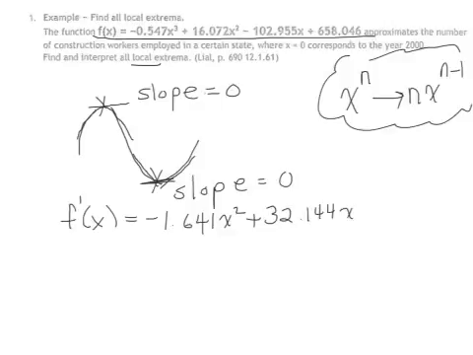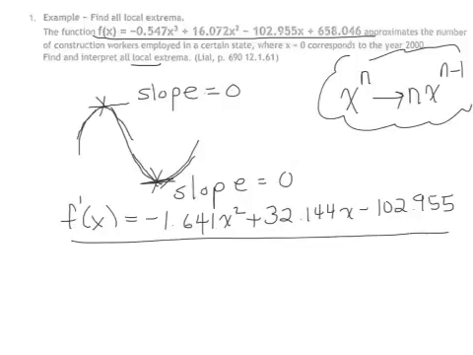And the third term, negative 102.955x, the derivative of that term is just that value, and the derivative of 658.046, it's a constant, so it's going to be 0. So here's the rate of change of construction workers employed in this certain state. Okay, that's what we've got here, rate of change.